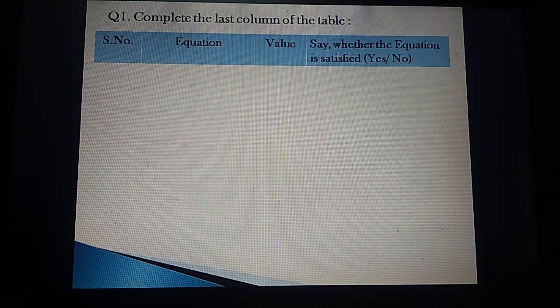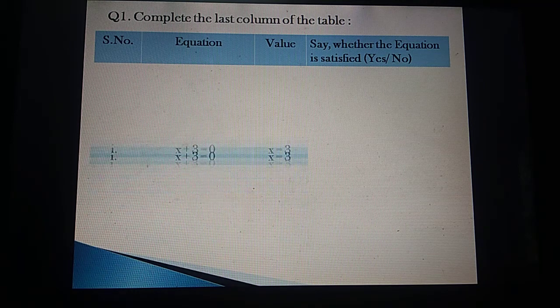Now, the columns are serial number, equation, value. Say whether the equation is satisfied, yes or no. Satisfied means whether the equation is true, whether LHS is equal to RHS, yes or no.